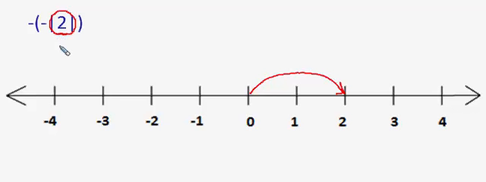So that part of the problem came out to be positive 2, but we still have that negative symbol, a set of parentheses, and yet another negative symbol. Then we could argue, as before, that since 2 is 2 units to the right of 0 and we want the opposite of that, the opposite of 2 units to the right of 0 would be 2 units to the left of 0. So that would put us at negative 2.